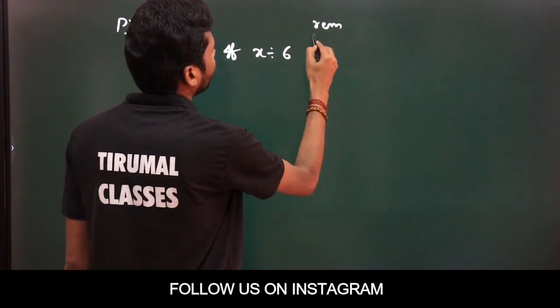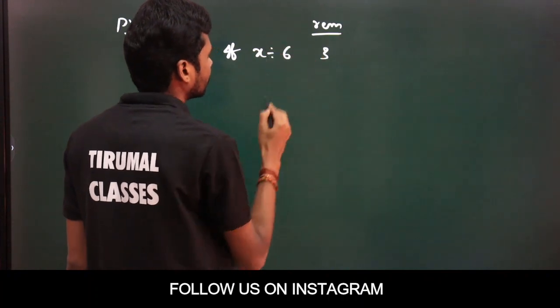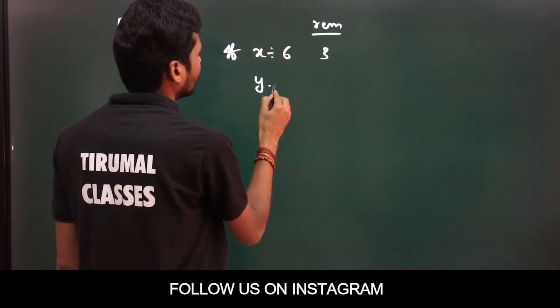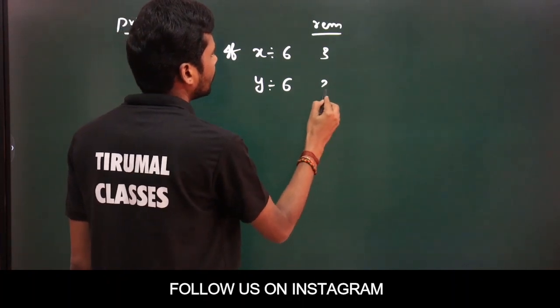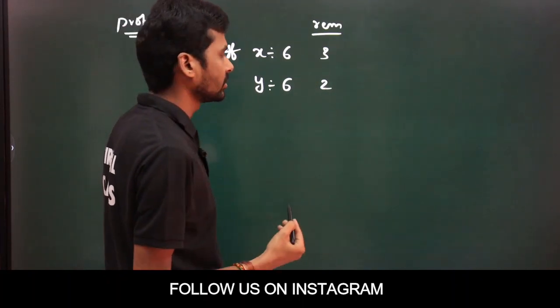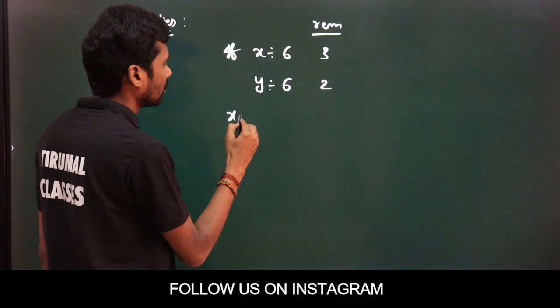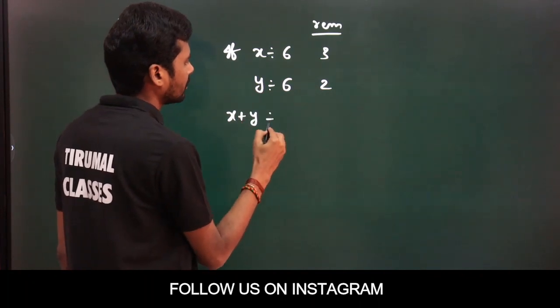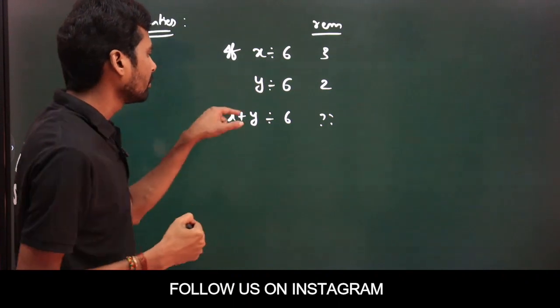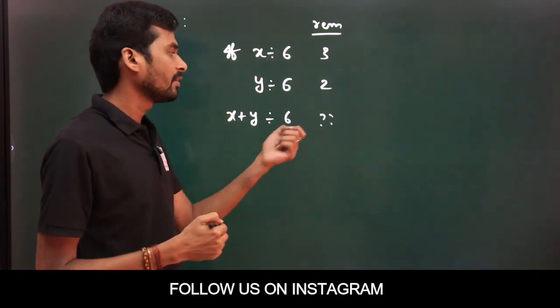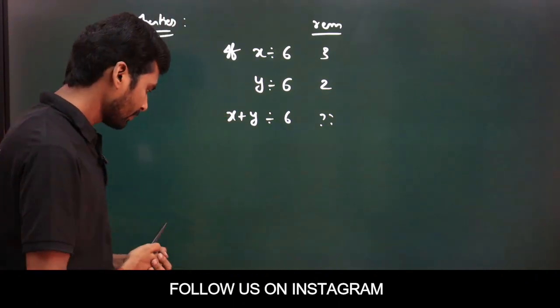The remainder is 3. I take another number and divide it by the same divisor. Now in this case, suppose I get remainder 2. If I ask you what is the remainder when I take the sum of the numbers x plus y and divide by 6, what is the remainder we'll get?